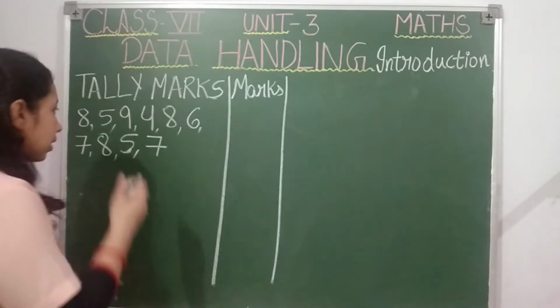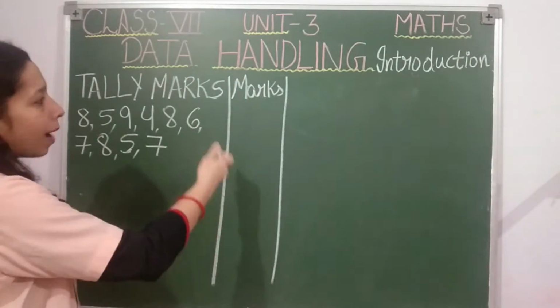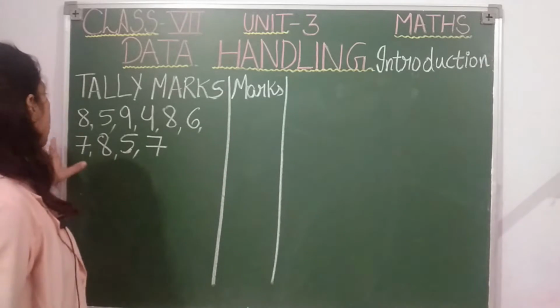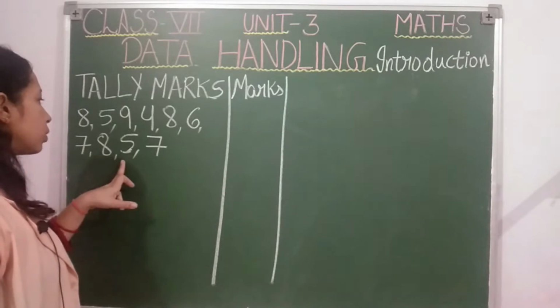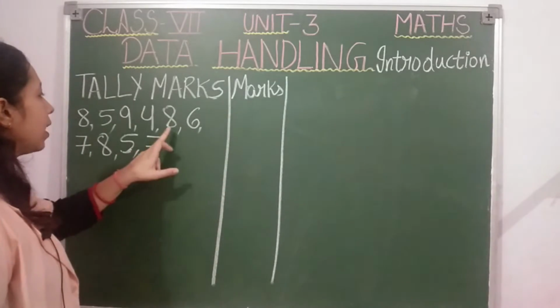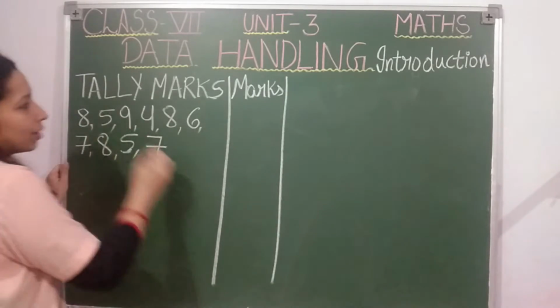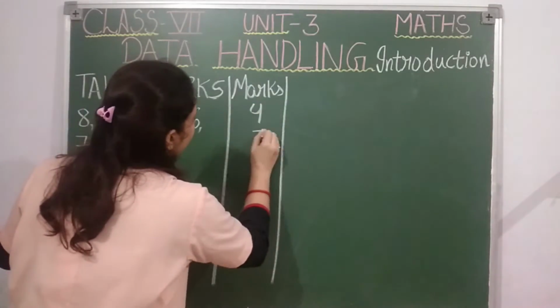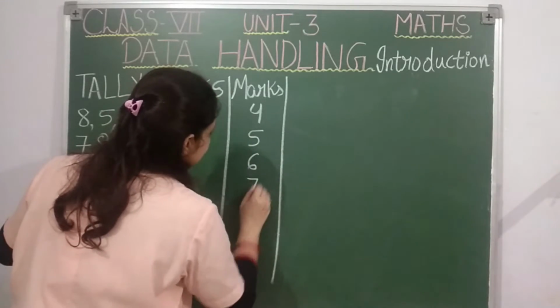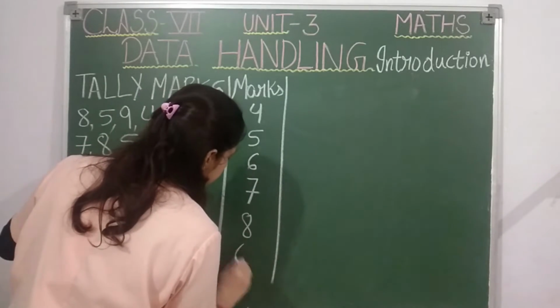So I will record these marks in the marks column but in ascending order. Here you can see the smallest value is 5, then 6, 7, 8 and the highest one is 9. Sorry, the smallest is 4 here. So I will start with 4, 5, 6, 7, 8, 9.